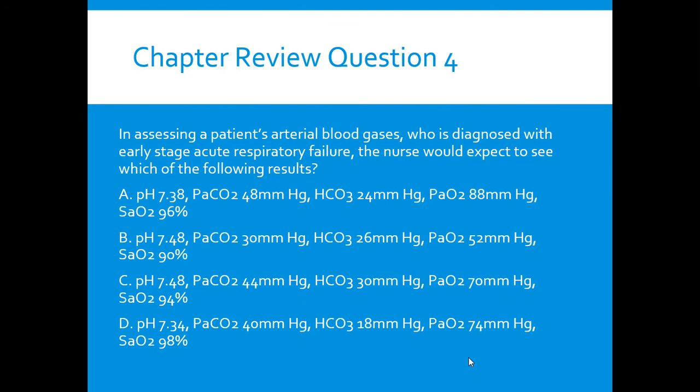In assessing a patient's arterial blood gases who is diagnosed with early stage acute respiratory failure, the nurse would expect to see which of the following results. I'm not going to go through each of these and read them, but I would say pause right now and then read through these and figure out which ABG you would find with early stage acute respiratory failure.